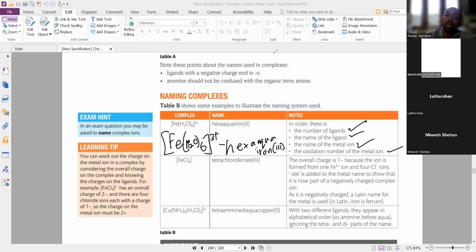Okay. Then let's write the topic, naming complex ions. The naming of complexes. First you have to write the order.